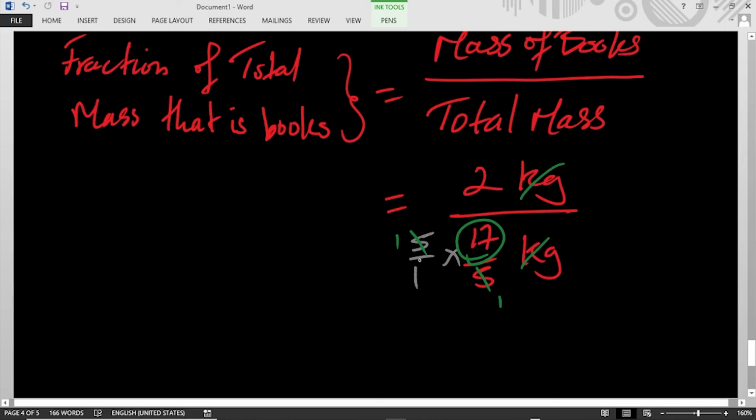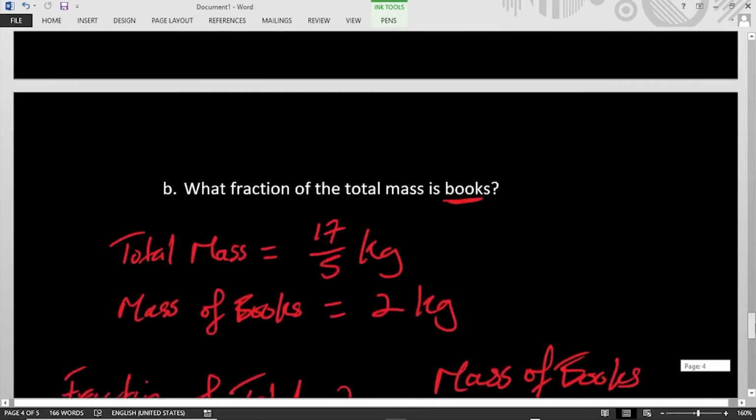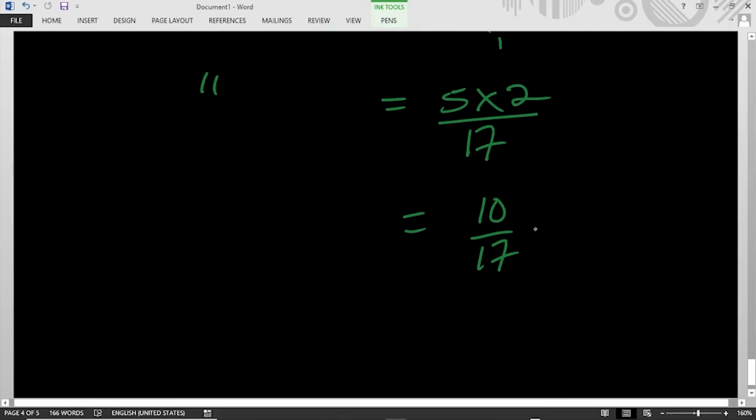But since we multiplied by 5 in the denominator, whatever we do down here, we have to do up here as well. So we have to multiply this by 5 as well. So as our answer, we would get 5 times 2 over 17, which is equal to 10 over 17. So the fraction of the total mass that is books is 10 over 17. And that's the answer there.